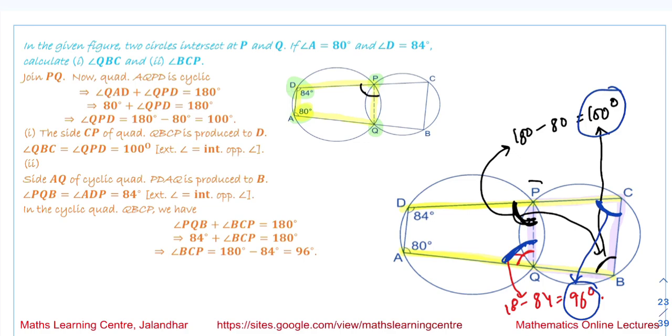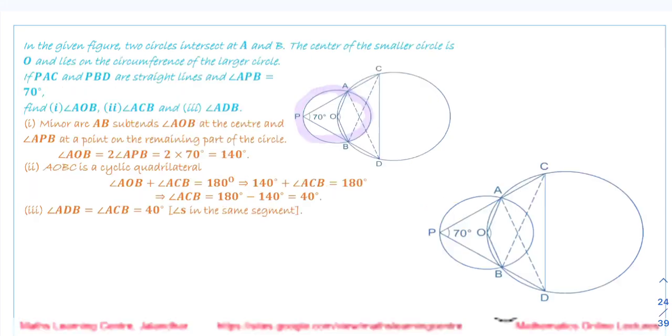In this question we are given two circles, they are intersecting with each other. This is one circle and this is the second circle. These two circles are intersecting with each other at the points A and B. The center of the smaller circle, O, lies on the larger circle.